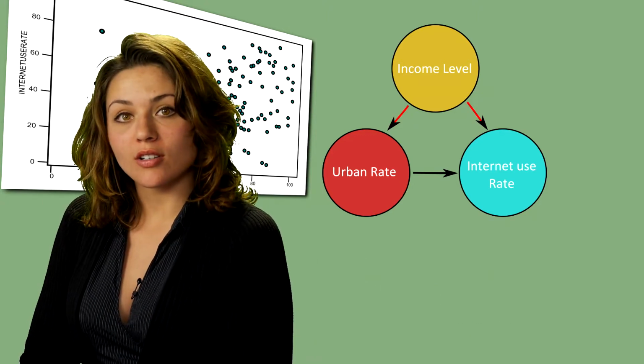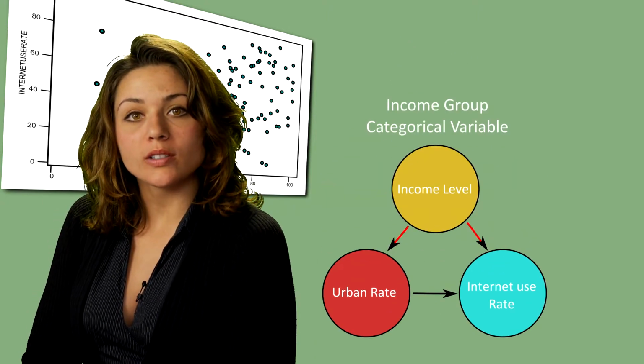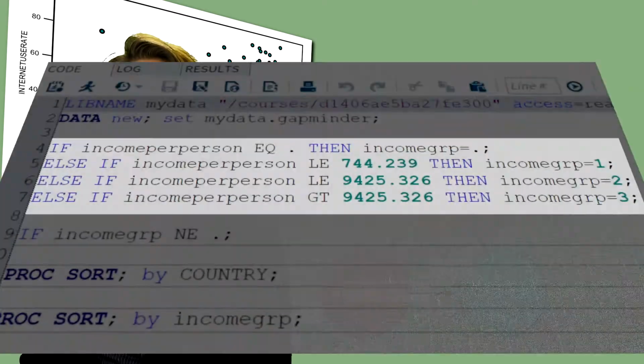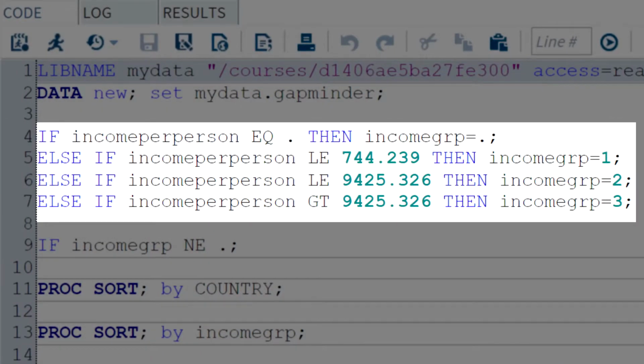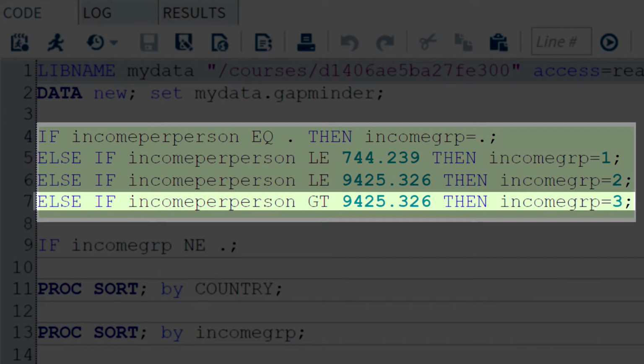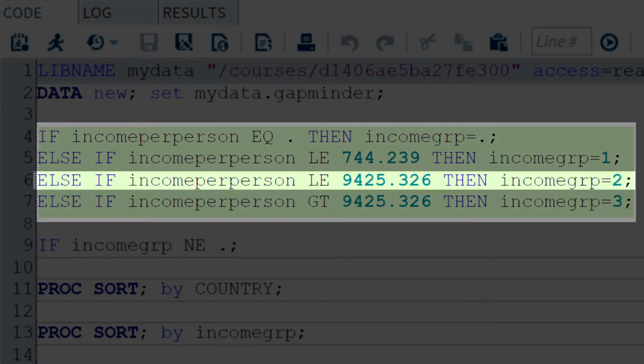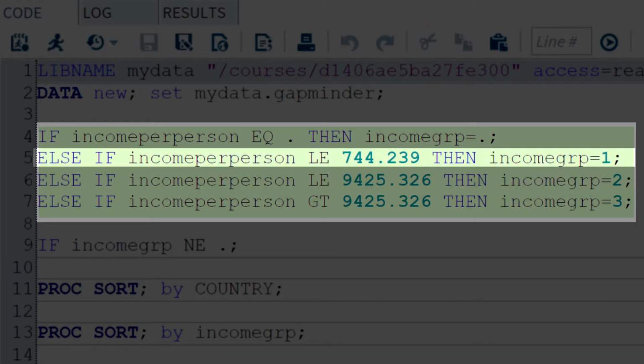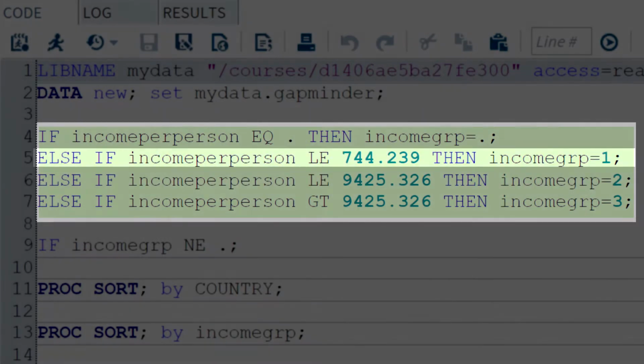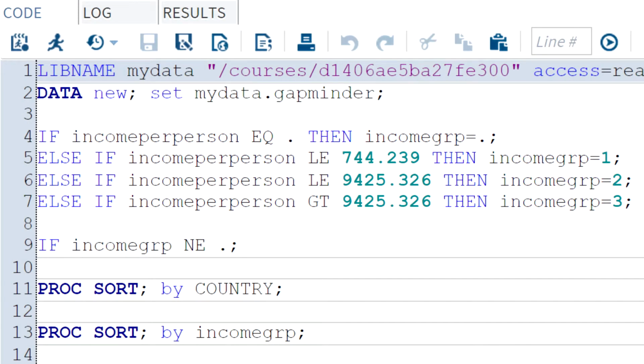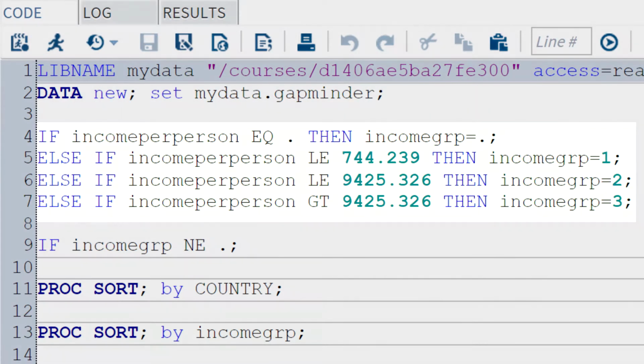To explore this question, we've created a third variable called income group, which is categorical. For this new variable, the income per person variable, which is quantitative, was categorized as a high income country given a value of 3, a moderate income country given a value of 2, and a low income country given a value of 1. The adjustments we make with the correlation coefficient are very similar to the adjustments we made to our ANOVA syntax and our chi-square syntax when testing moderation.